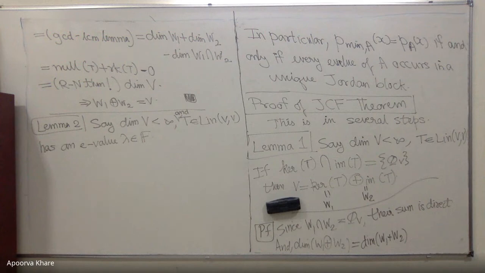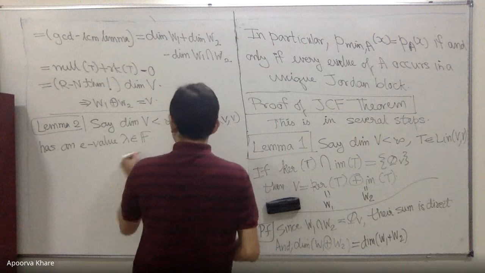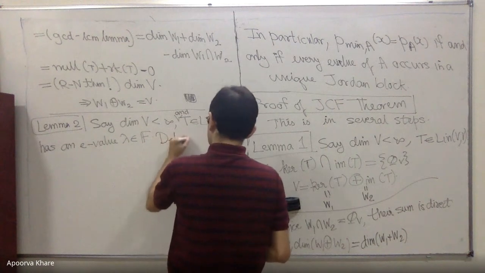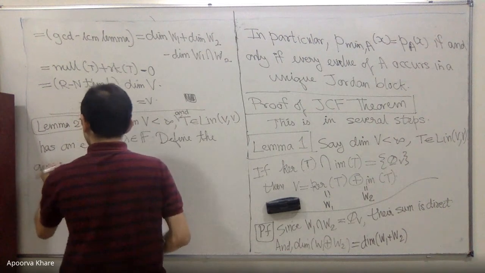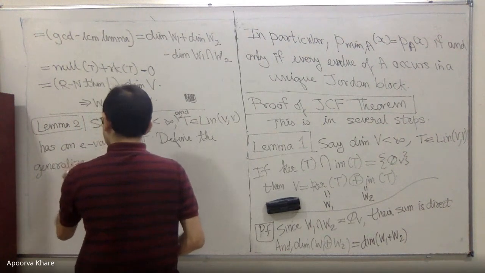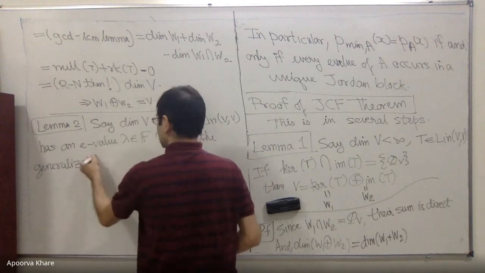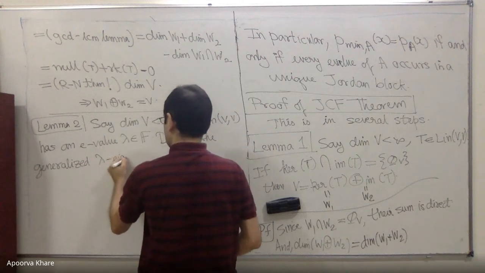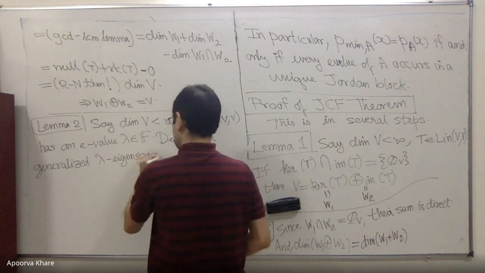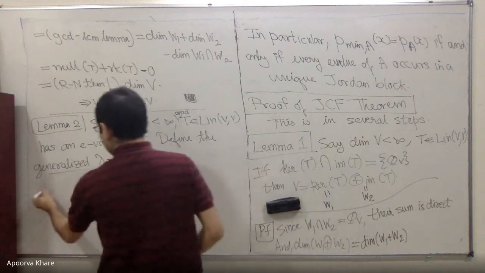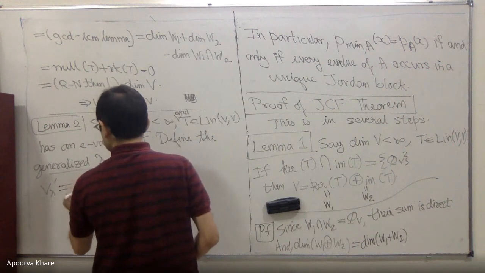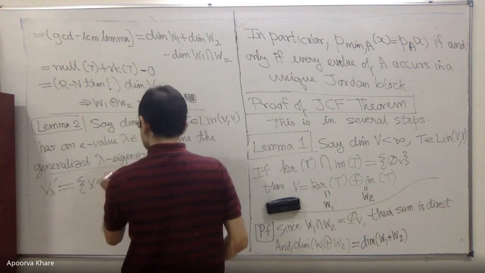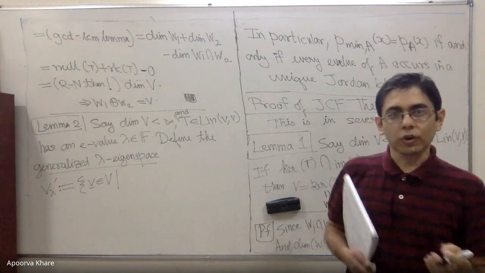Okay, so now I'm going to define not the eigenspace, but the generalized eigenspace. I will use the American spelling with a Z. I'll call this V prime lambda, not V lambda. V lambda is the actual eigenspace. This is the set of all vectors v in V such that, what would we ordinarily say?